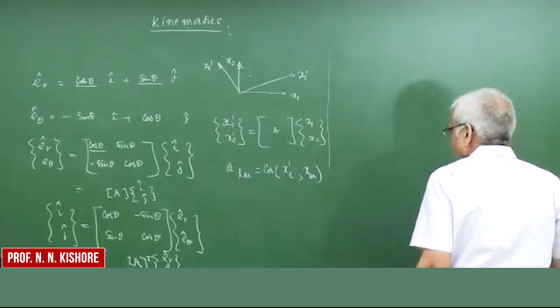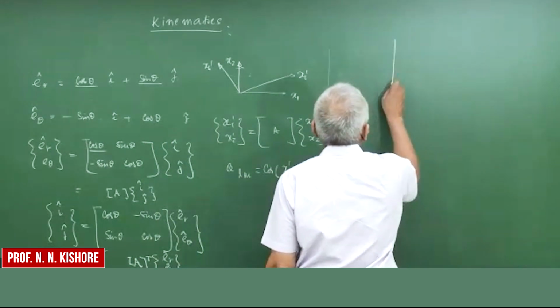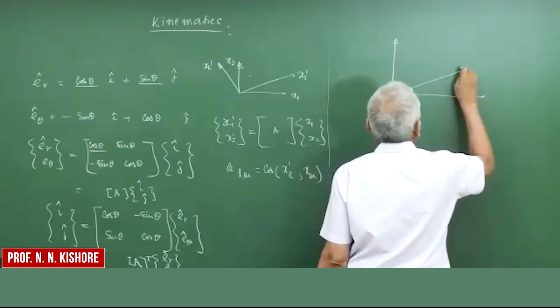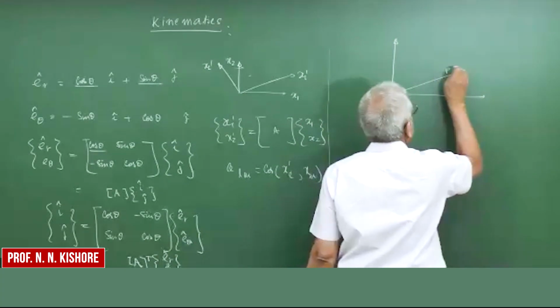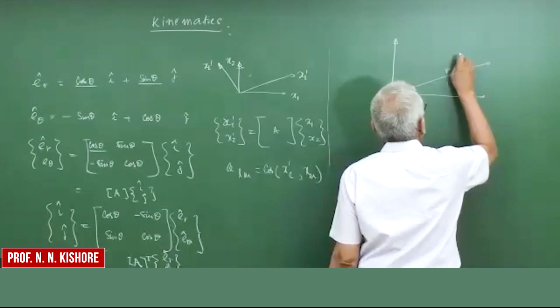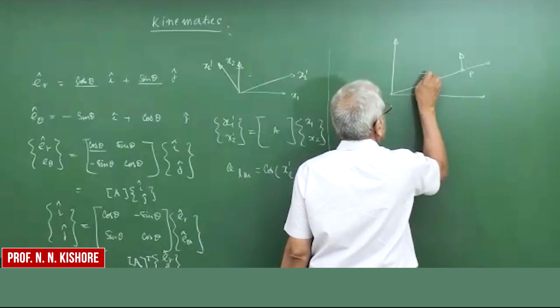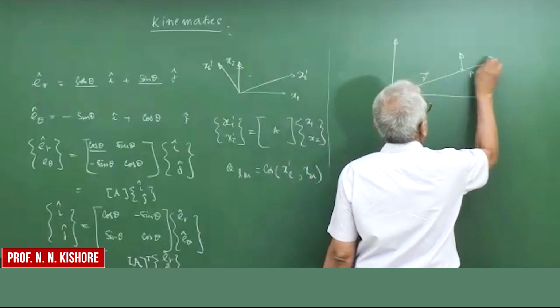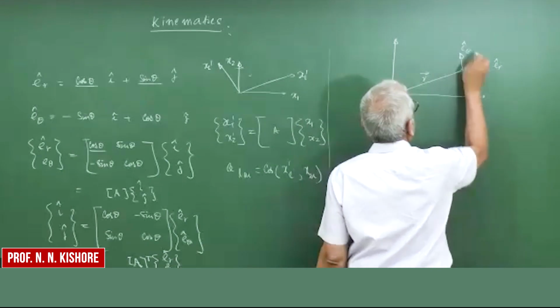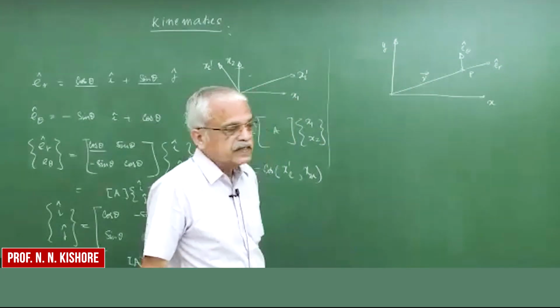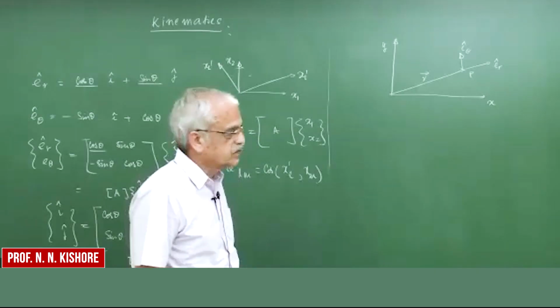In general, for example, in this polar coordinate, how do I get the relationship in velocities?